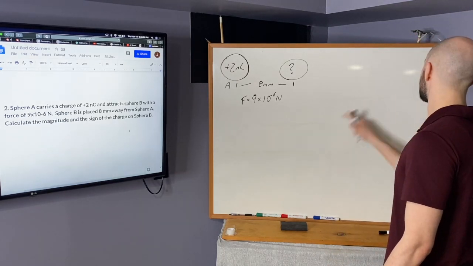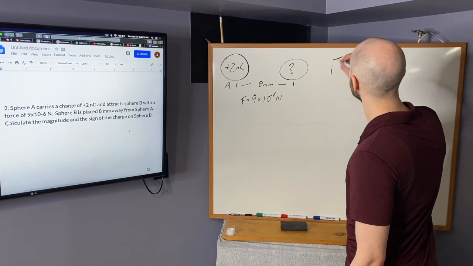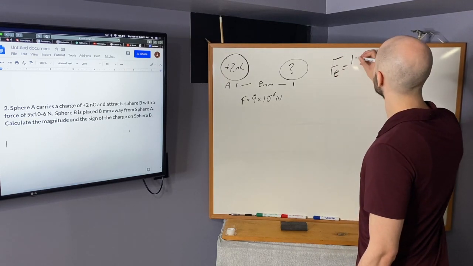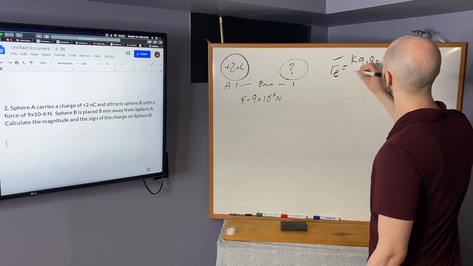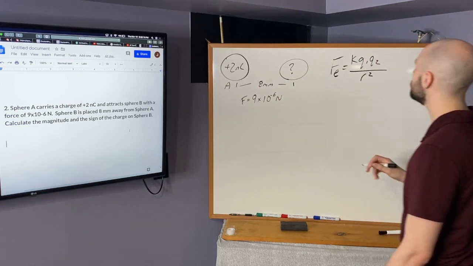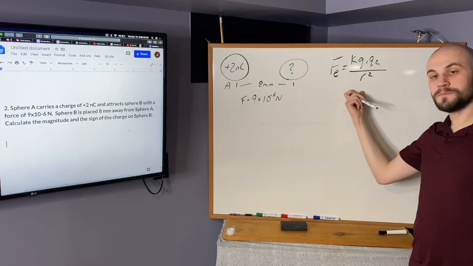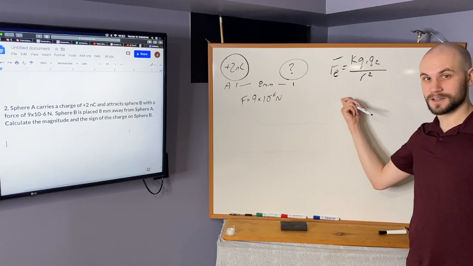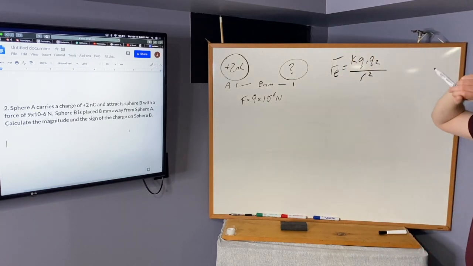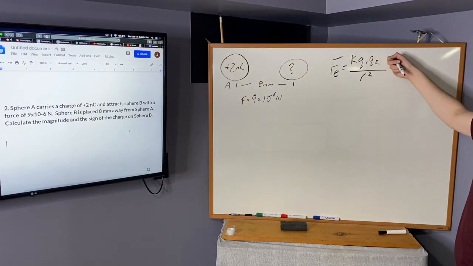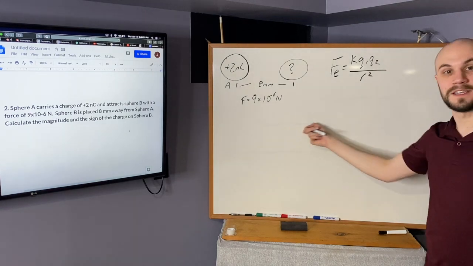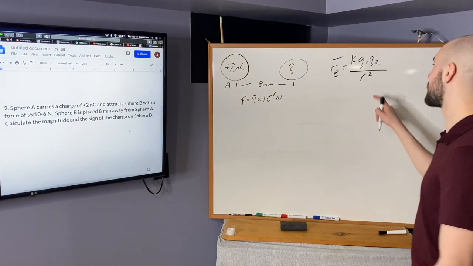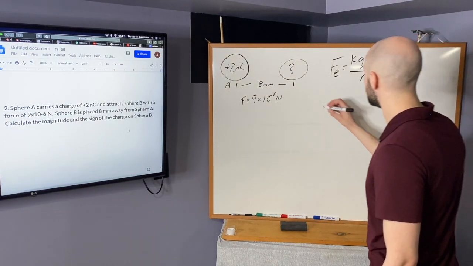So, again, we're going to start with our Coulomb's law equation. K, Q1, Q2, all over R squared. You can plug in and rearrange later. What I like to do is actually solve for the quantity of interest, which we'll call Q2, and then it'll be much easier to plug in and see if we can get to our answer. So I multiply both sides by R squared.